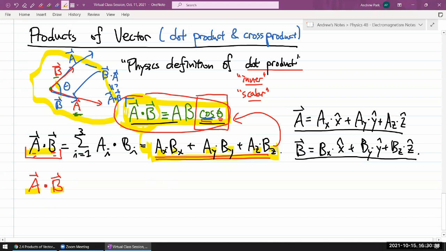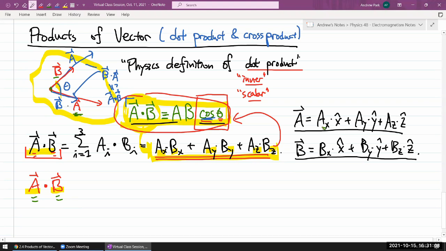Imagine that in some space you define the coordinate axes. I have some kind of coordinate axes, and I can just start writing down different forms of the same thing that I've already written down. So I'm going to expand out vectors A and B in terms of their components.